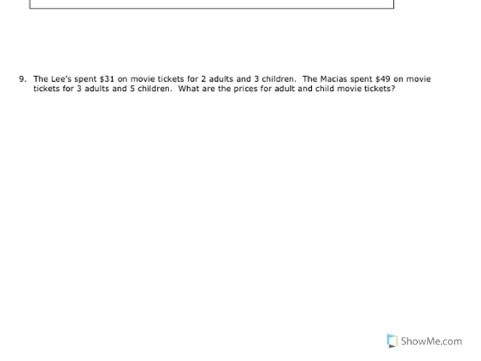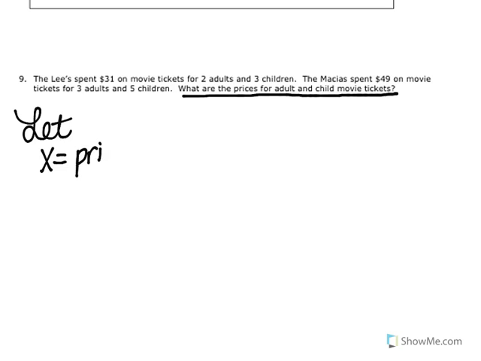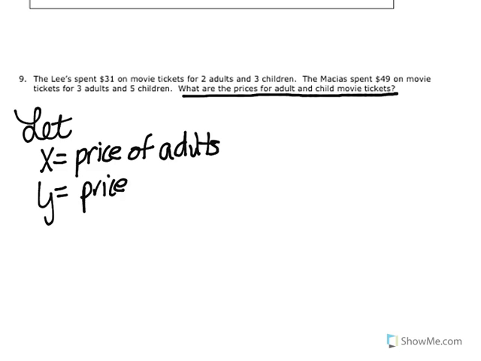So let's go ahead and write let statements. Remember, we can find what our let statements are by looking at what the question is asking for. So we're going to let x be the price of adults, and let y equal the price for children.